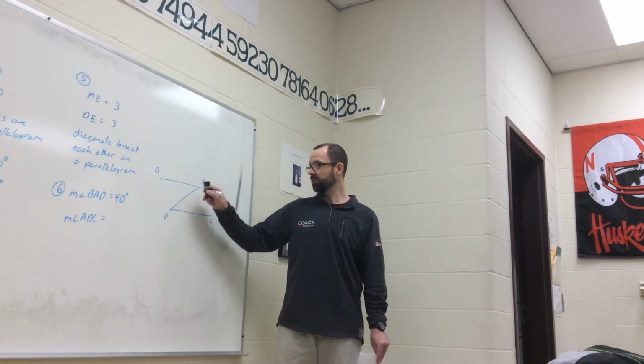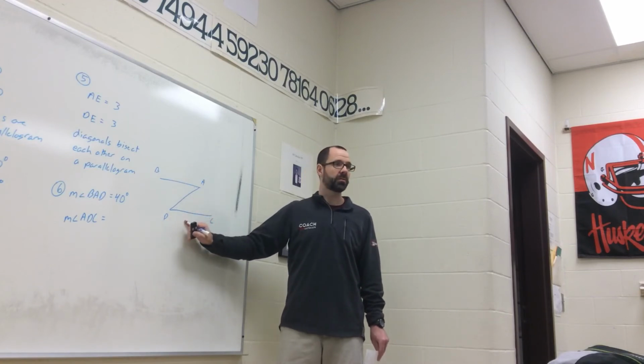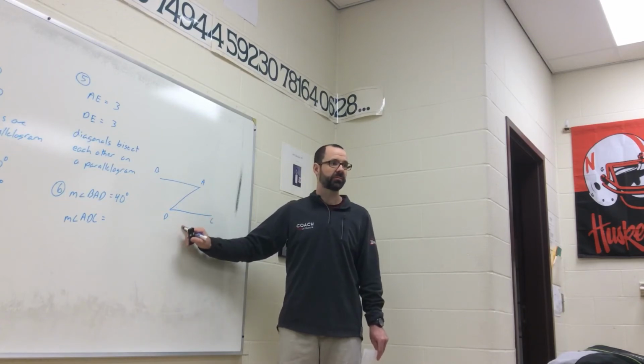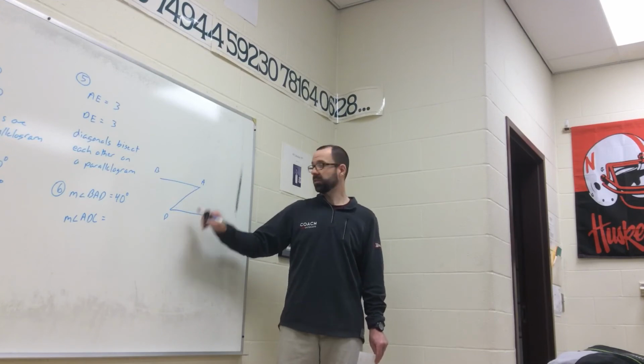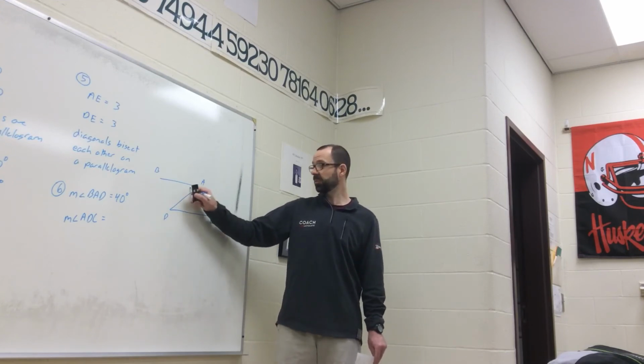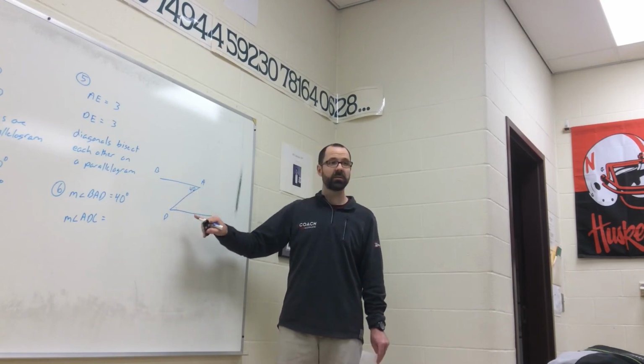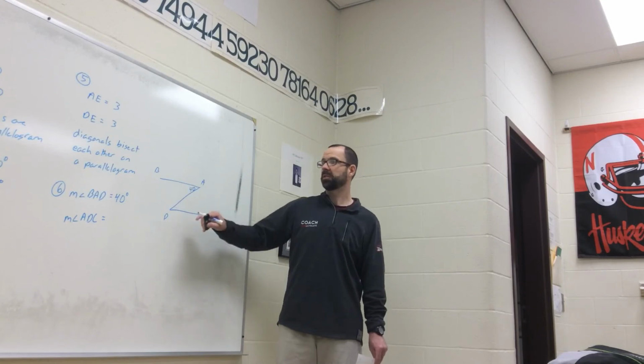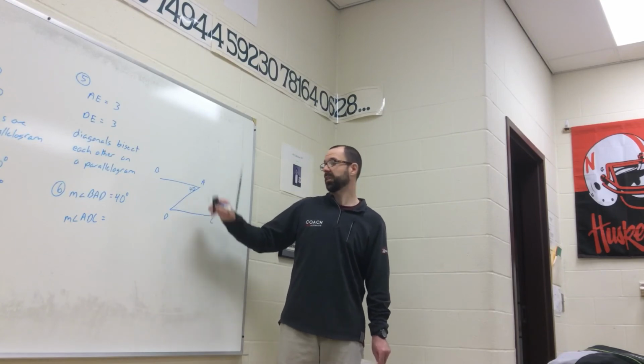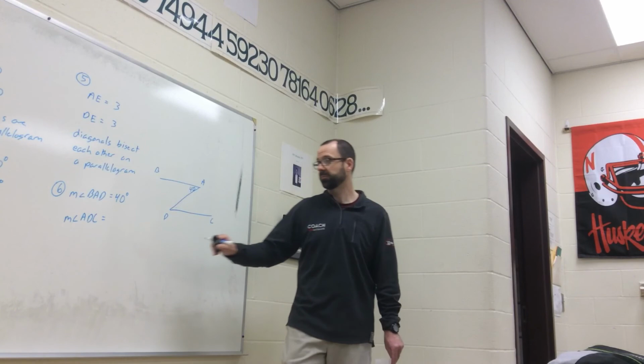So then what are those angles called? This is a little tricky because it's not today's stuff. Yeah. They're alternate interior. Good. So those are alternate interior angles. And they told us this one was 40. So then what's this one? They told us that one was 40, so that one's 40 also.